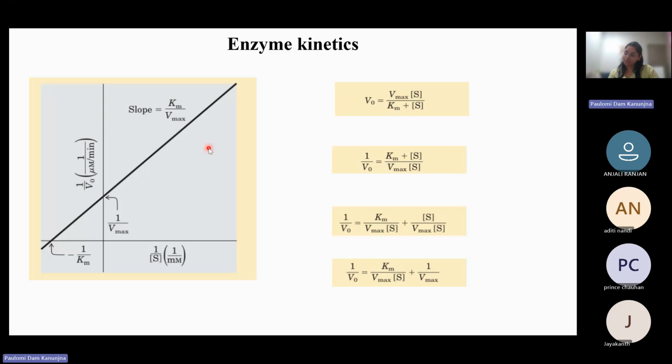Vmax is 2 root 2. Can you give me the value? Should be easy, root 2 is easy to find.